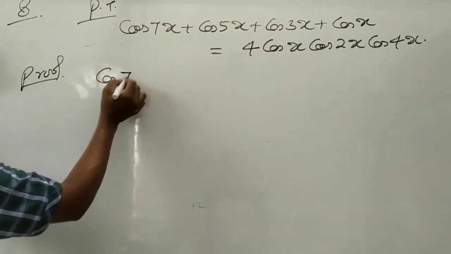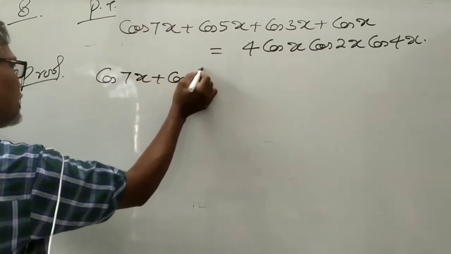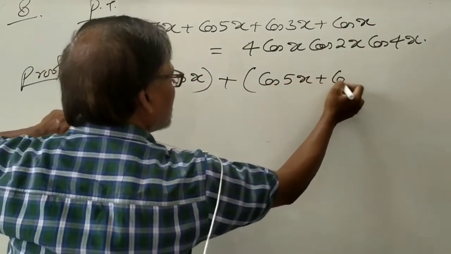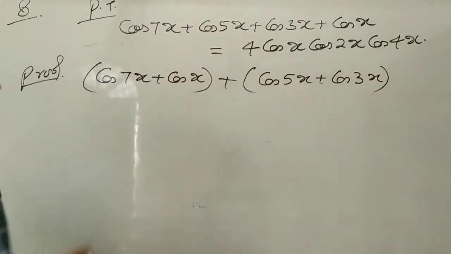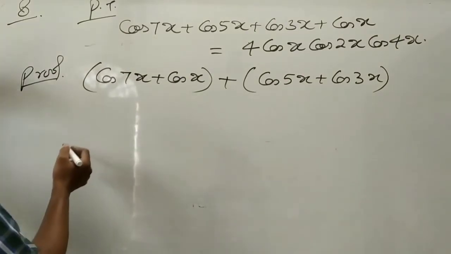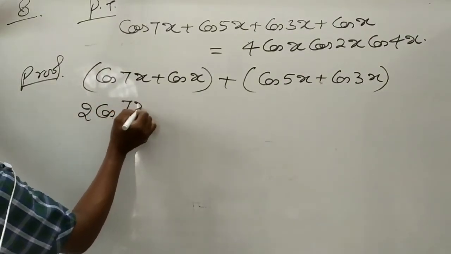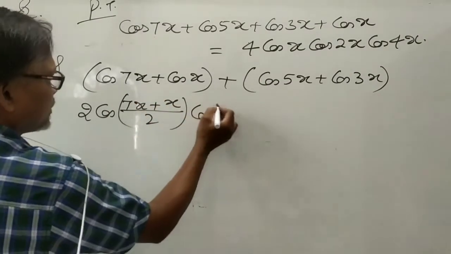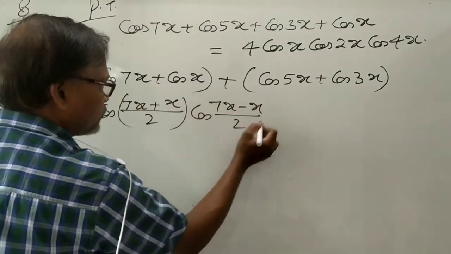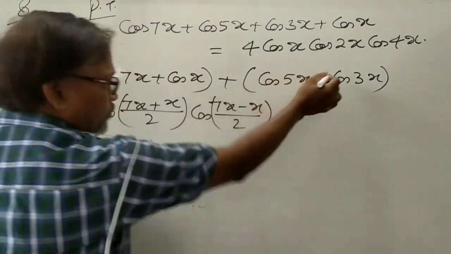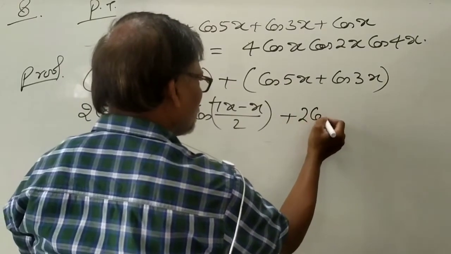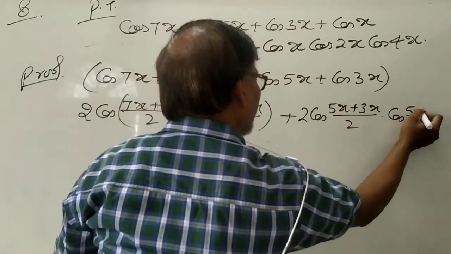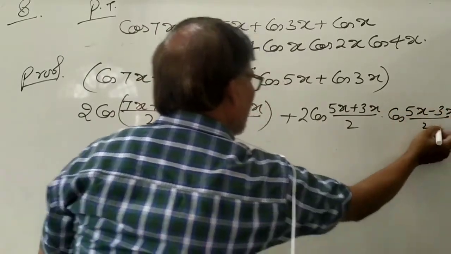तो एक हम ब्रैकेट में ले लेते हैं ये first and last, and the second bracket cos 5x cos 3x, then use the formula cos C plus cos D अभी लिखा था हमने, तो 2 cos (7x+x)/2 cos (7x−x)/2 plus the same formula here you write 2 cos (5x+3x)/2 and cos (5x−3x)/2.